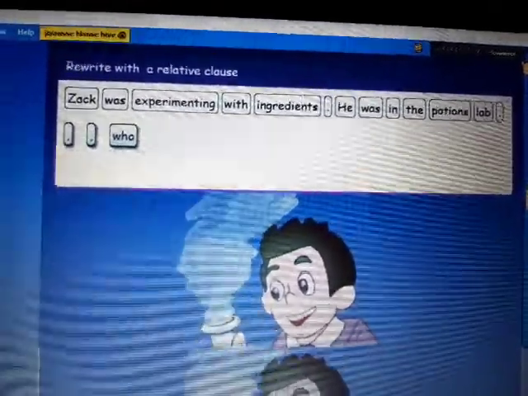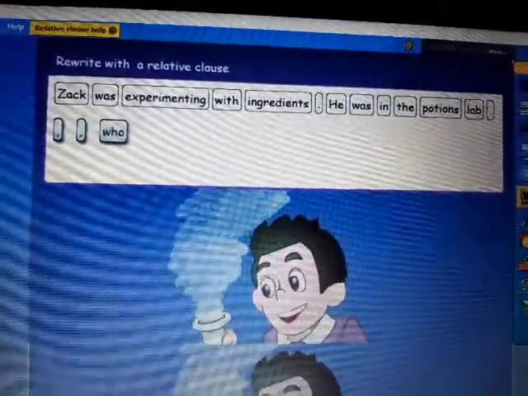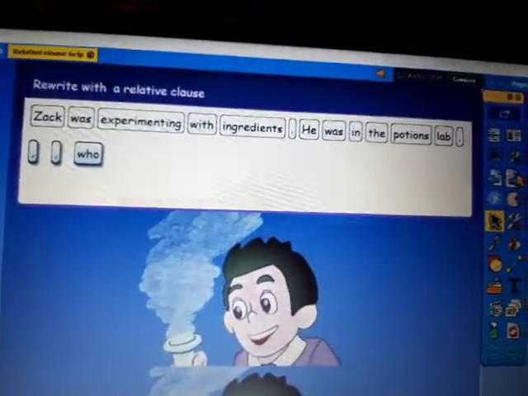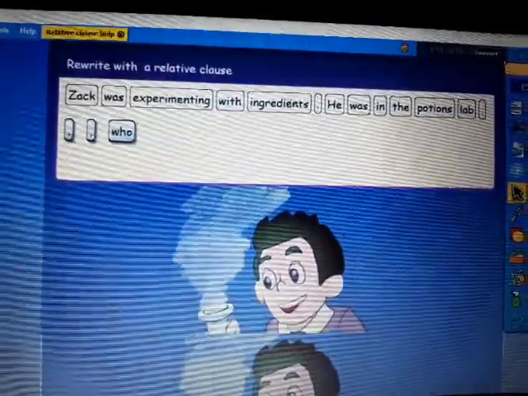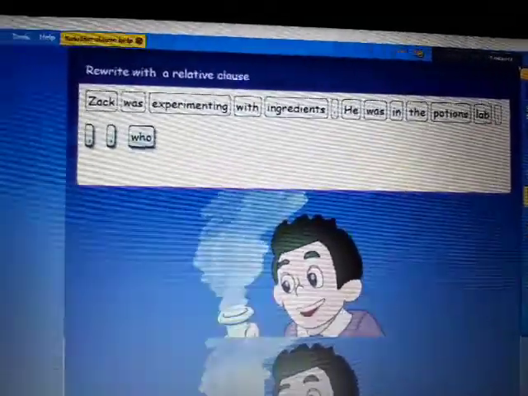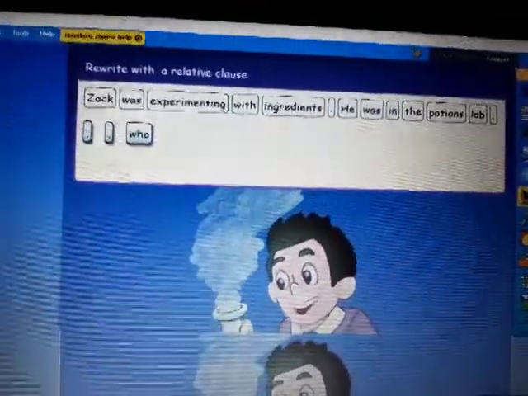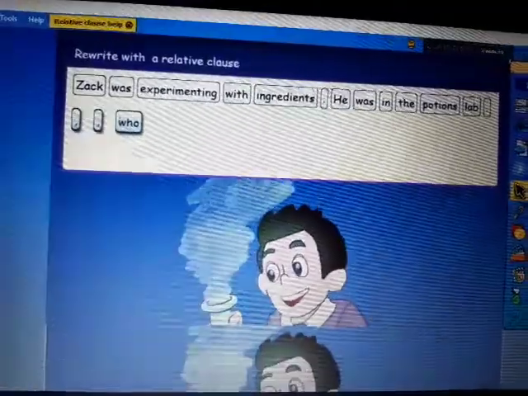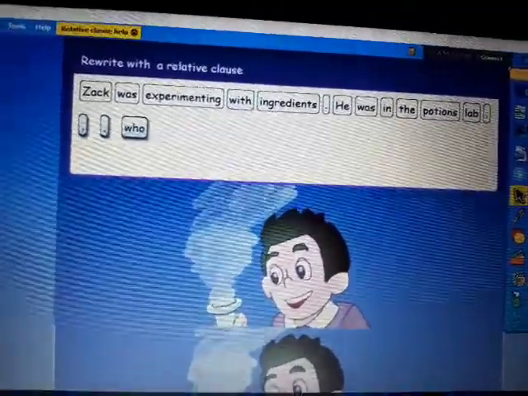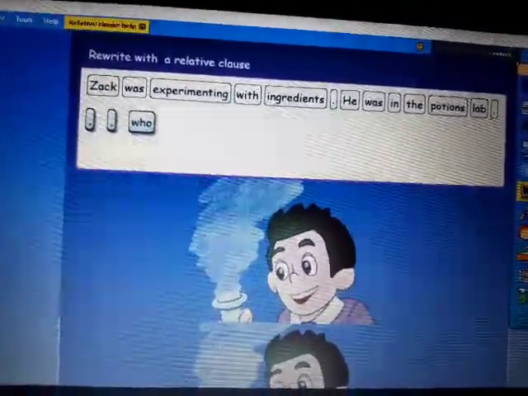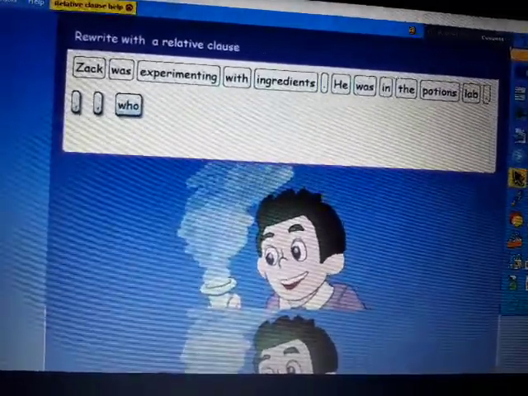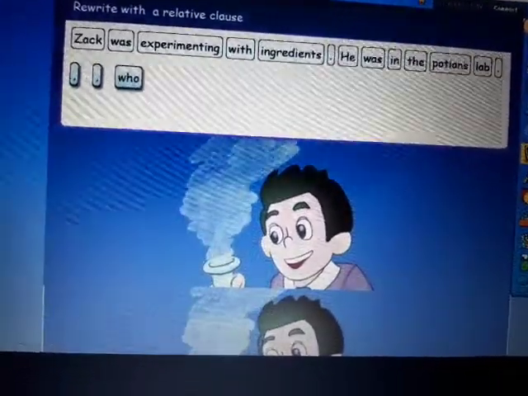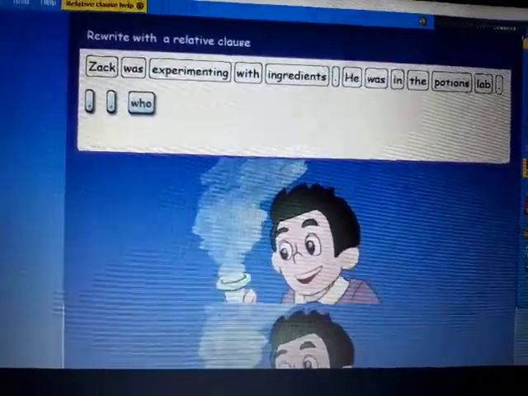So you've got your original sentence, which is Zach was experimenting with ingredients, full stop. He was in the potions lab, full stop. So what you need to do is drag in and put in your relative clause. Your relative clause is going to be one of the sentences with the word who in it. So you could have Zach was experimenting with ingredients.